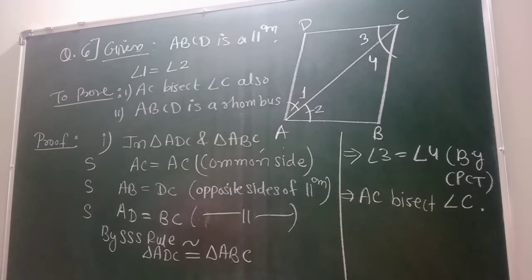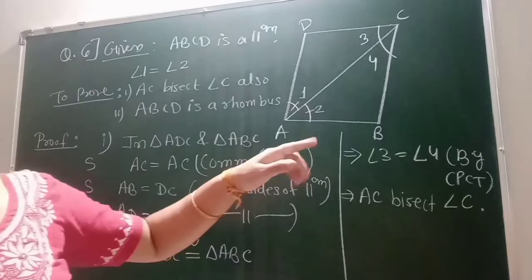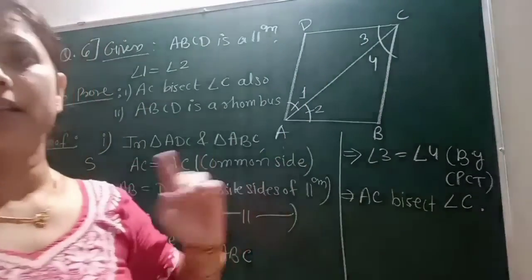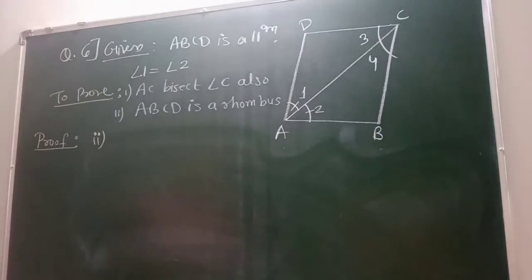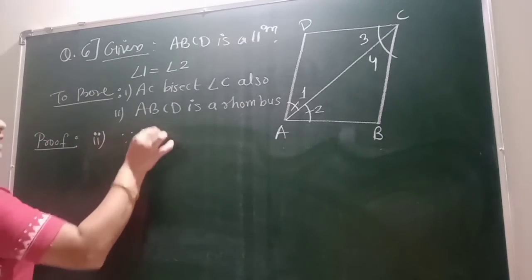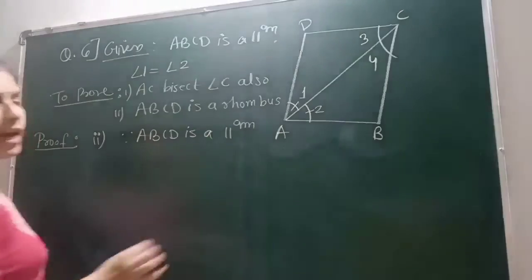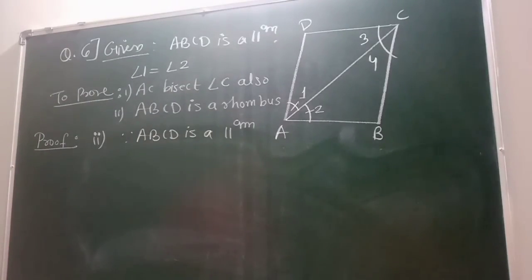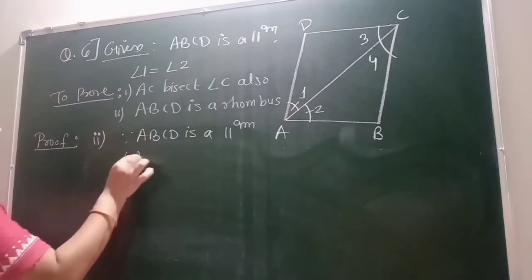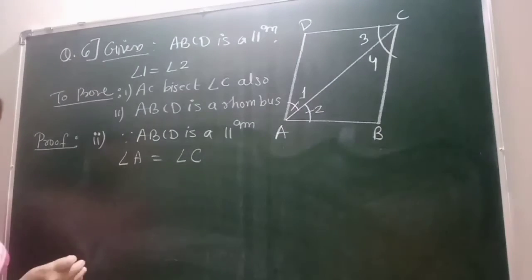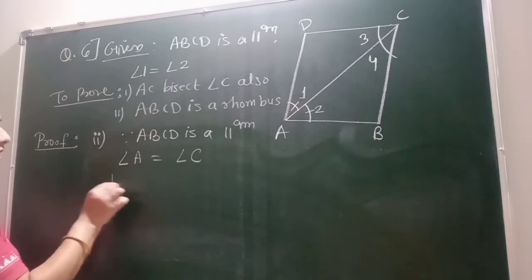Now we will prove the second part, in which we have to prove ABCD is a rhombus. It means we will prove all sides are equal. Student, since ABCD is a parallelogram, and we know that in a parallelogram opposite angles are equal, so angle A will equal angle C. Opposite angles are equal. If two angles are equal, obviously their halves will also be equal.